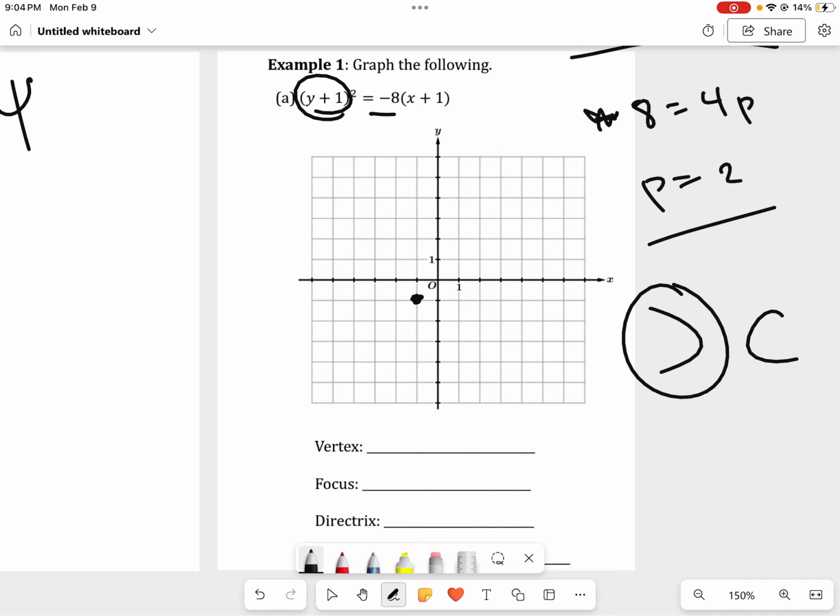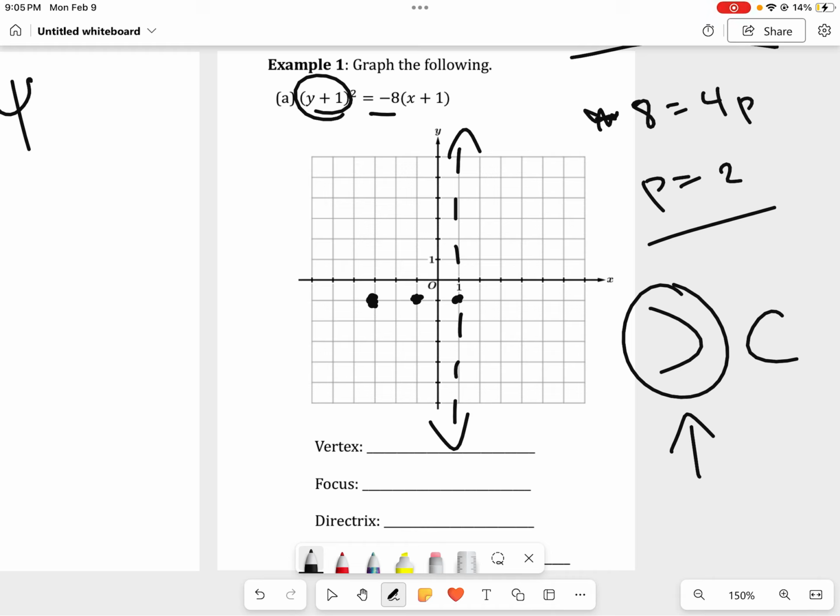Our p-value is 2, and we know it opens like this. So that means that our directrix is going to be 2 this way. This is going to be the directrix right here. And we know that our focus is going to be 2 that way. This is our focus. So it's just going to open like that. But we're actually going to have to draw it.